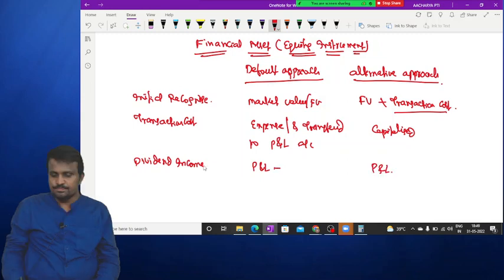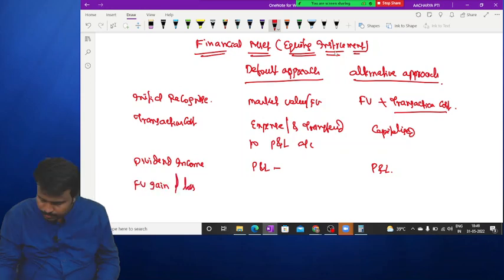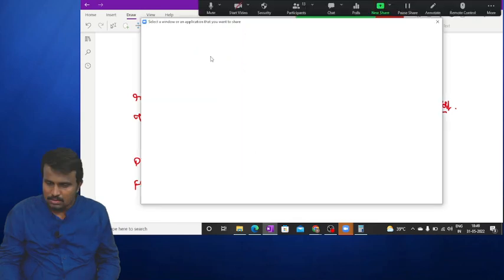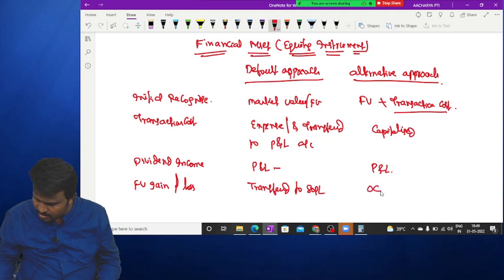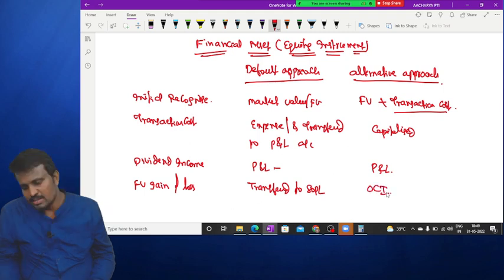And fair value gain or fair value loss was transferred to profit and loss, here recognized as other comprehensive income. So these are what we discussed, and the related problems we discussed in the last lecture.